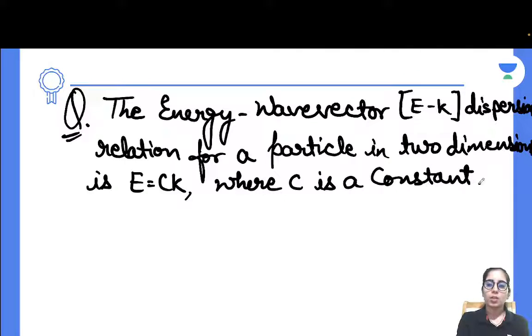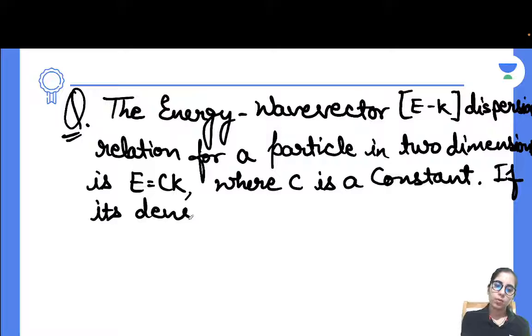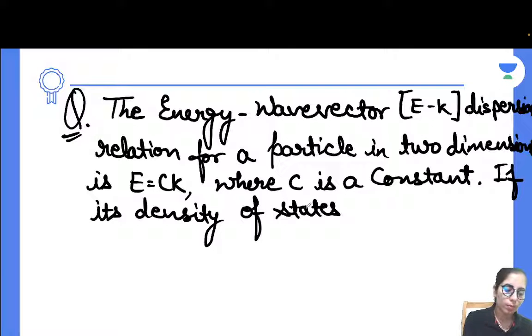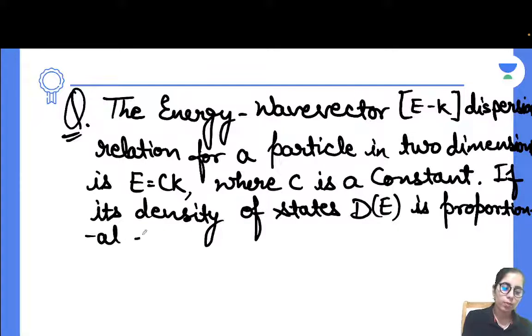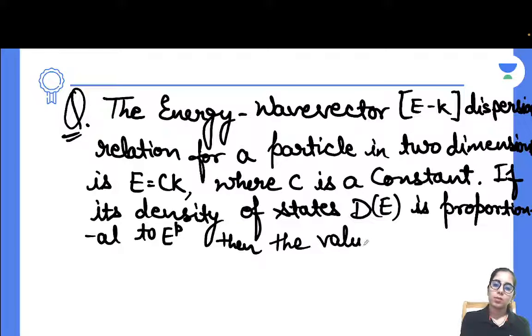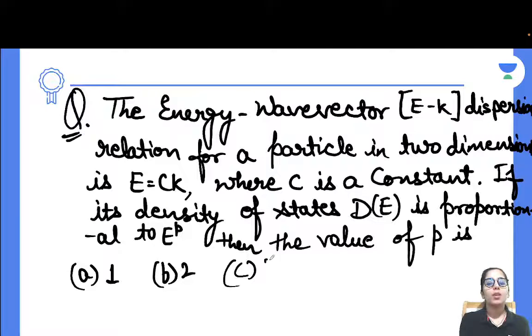If its density of states g(E) is proportional to E to the power p, then the value of p is, options are 1, 2, 3 and 4.